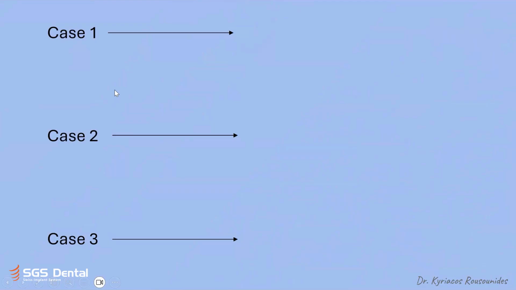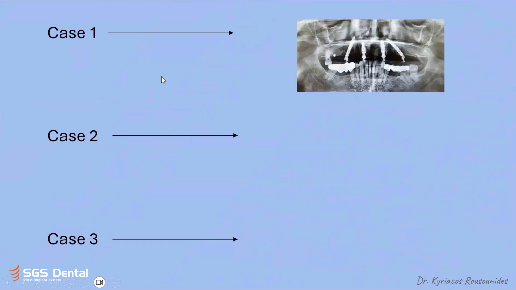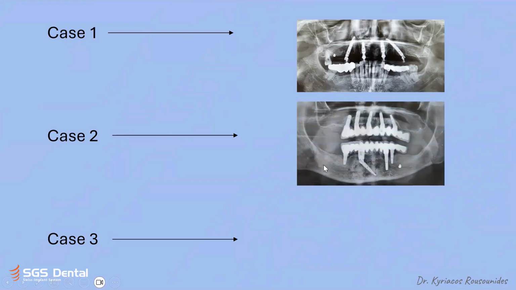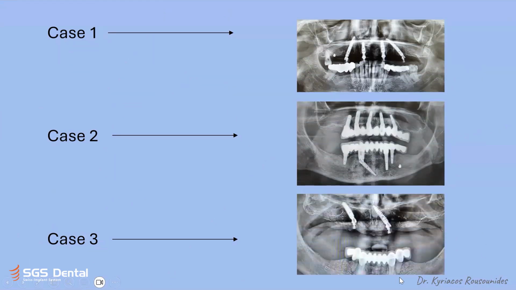So we are coming slowly to the end. We have case number 1 with the bicortical anchorage, the 2 long implants and the 2 nasal implants. We had 2 cases where we saved the prosthetics, one with the removable and one with the side implant.